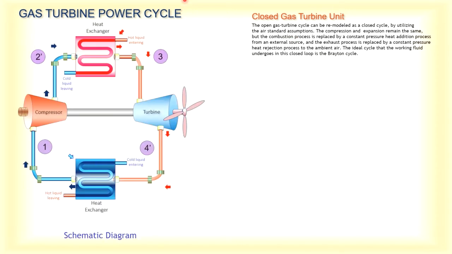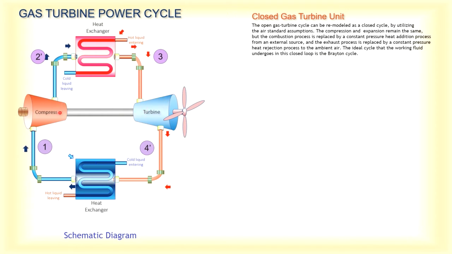Now for the closed gas turbine unit, we have seen this in our gas power cycles, not in gas turbine power cycles, the very first part that we deal with. You have a compressor, heater, turbine, and cooler.